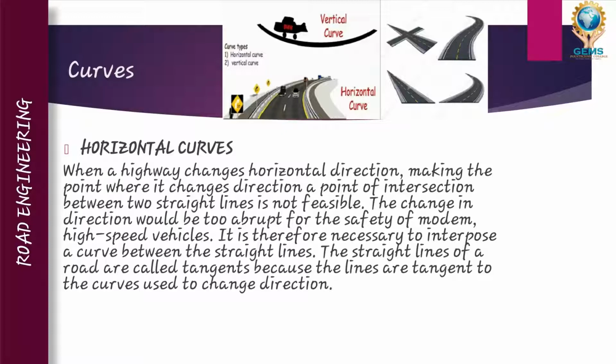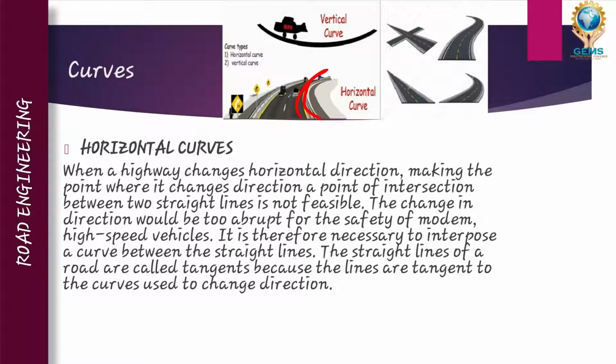As you can see in this image, little curves are here. This shows a horizontal curve. What is a horizontal curve? When the highway changes horizontal direction, making the point where it changes direction a point of intersection between two straight lines is not feasible.